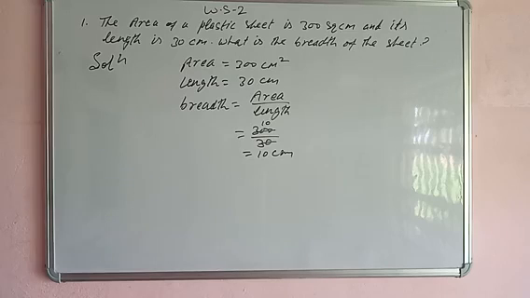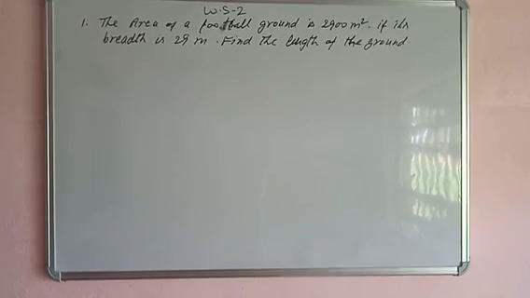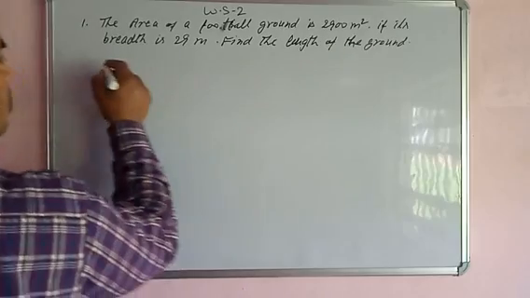So next question. In this question the area of a football ground is 2900 square meter. If its breadth is 29 meter, then find the length. So again area and breadth is given and we are going to find the length. So how will we solve this question?